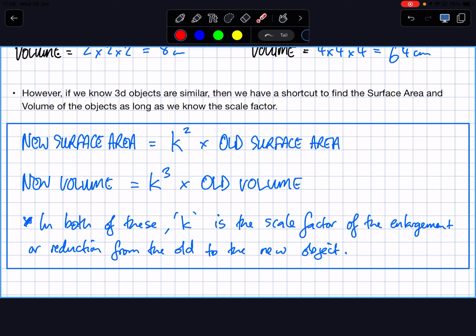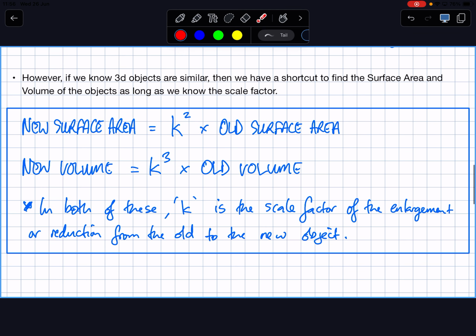The new volume of something is going to be k cubed times by the old volume. And in both of these cases, k is the scale factor. That's why I explained to you what scale factor is, so they can use it in this formula. Can you please get down that rectangle there? Then after that, my example, let's see if it works on the previous cubes. So get that rectangle there.